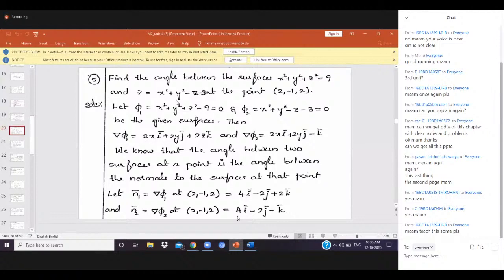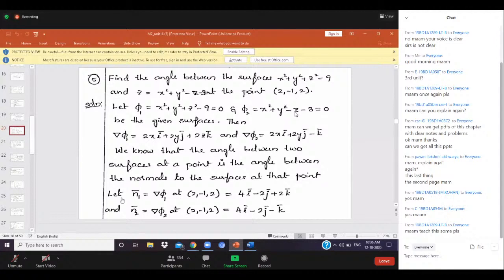So first, consider phi 1 as x square plus y square plus z square minus 9 equals 0, one of the surfaces. And the next one, the question is a little bit confusing. Phi 2 we consider as x square plus y square minus z minus 3 equal to 0.